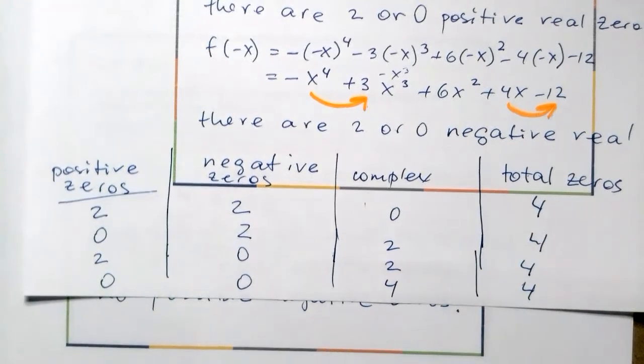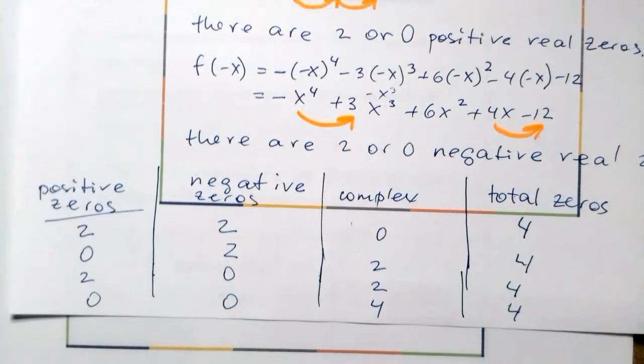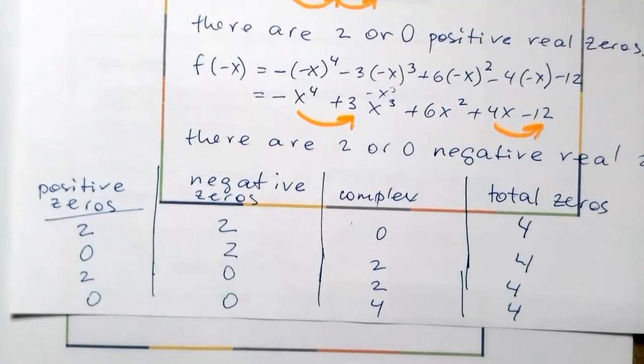So these are all possible combinations of different types of zeros for that polynomial. And we won't know until we either, number 1, graph it, or number 2, list all possible zeros, try them, factor this polynomial, and get all of those zeros.